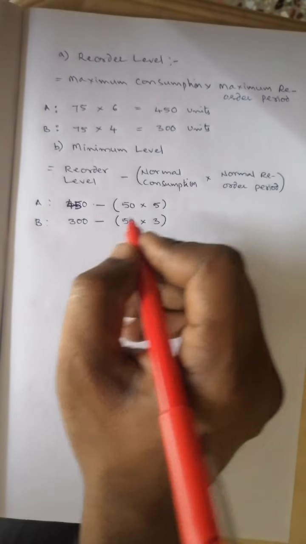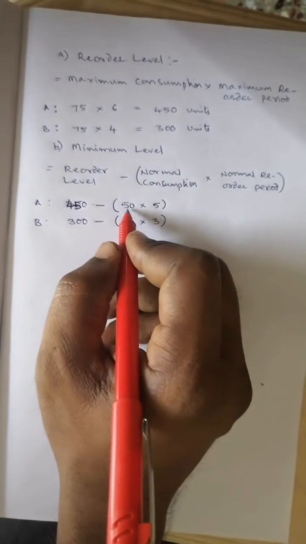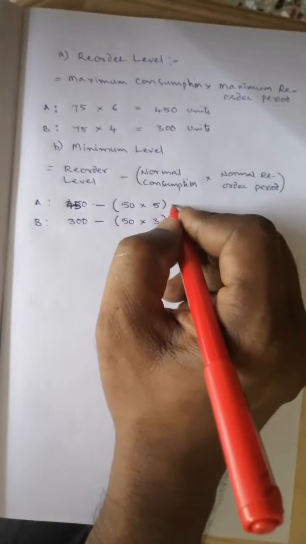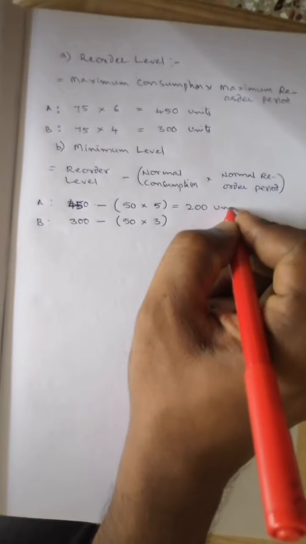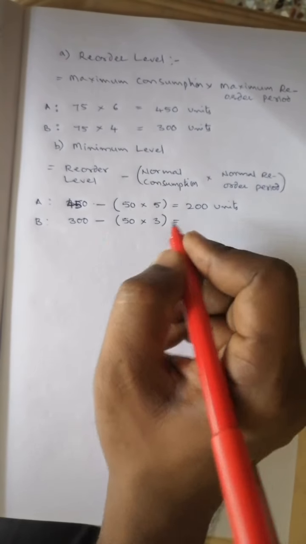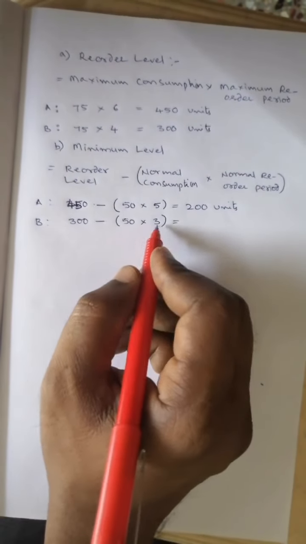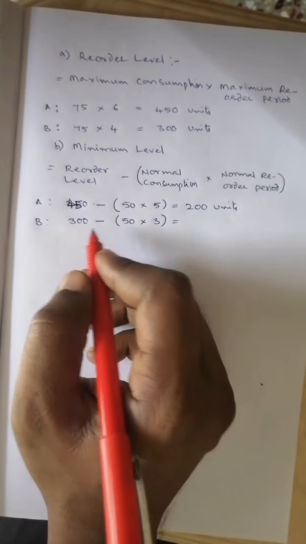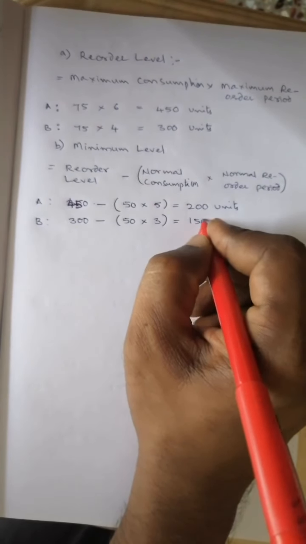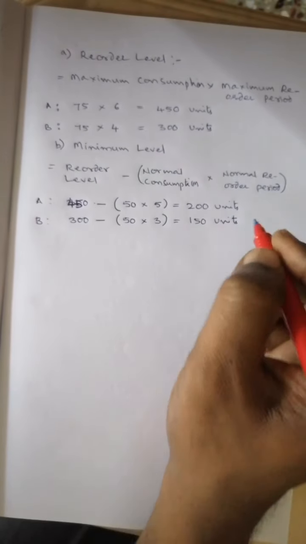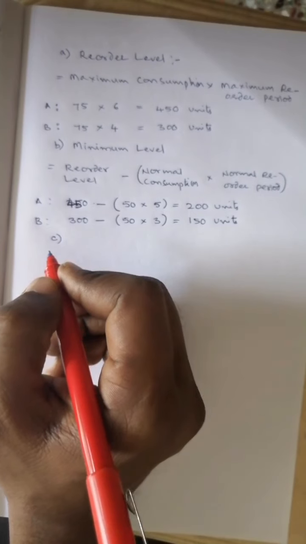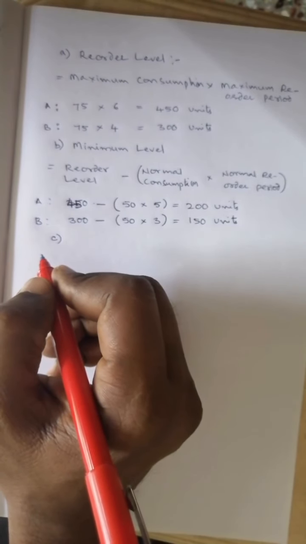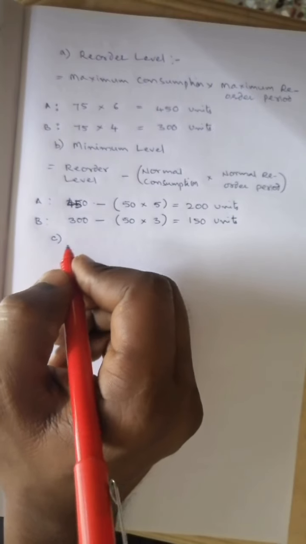So how much will you get? 450 minus 50 into 5, 250, so you will get 200 units. In the case of the second one, 300 minus 50 into 3, 150, 300 minus 150 is 150 units. So this is the minimum level for component A and component B, which is 200 units and 150 units.